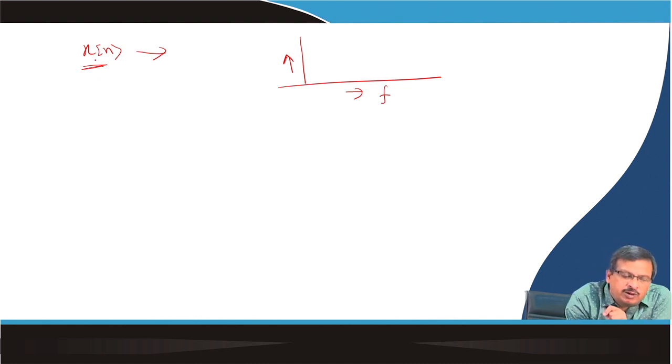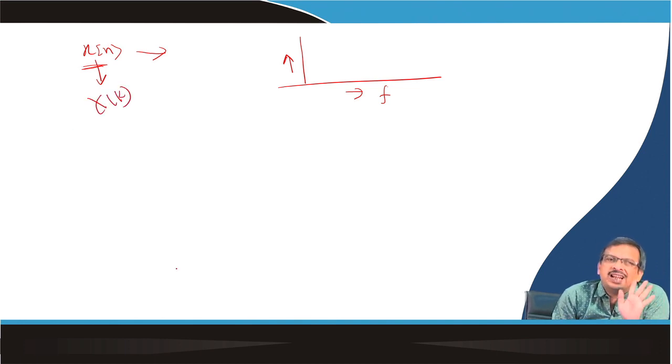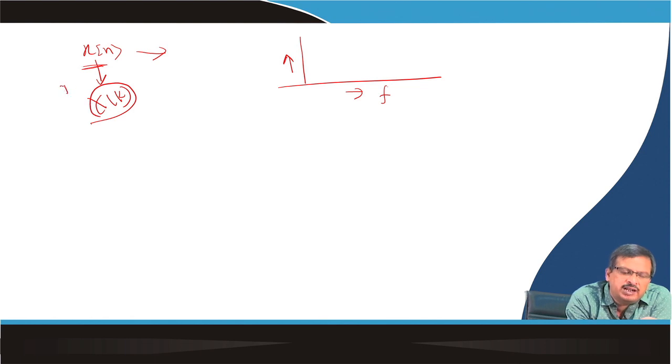Let us say I converted x of n to x of k using the FFT algorithm. So, x of n is a discrete signal, and using the discrete Fourier transform implemented with the FFT algorithm, I converted it to x of k with N-point DFT.